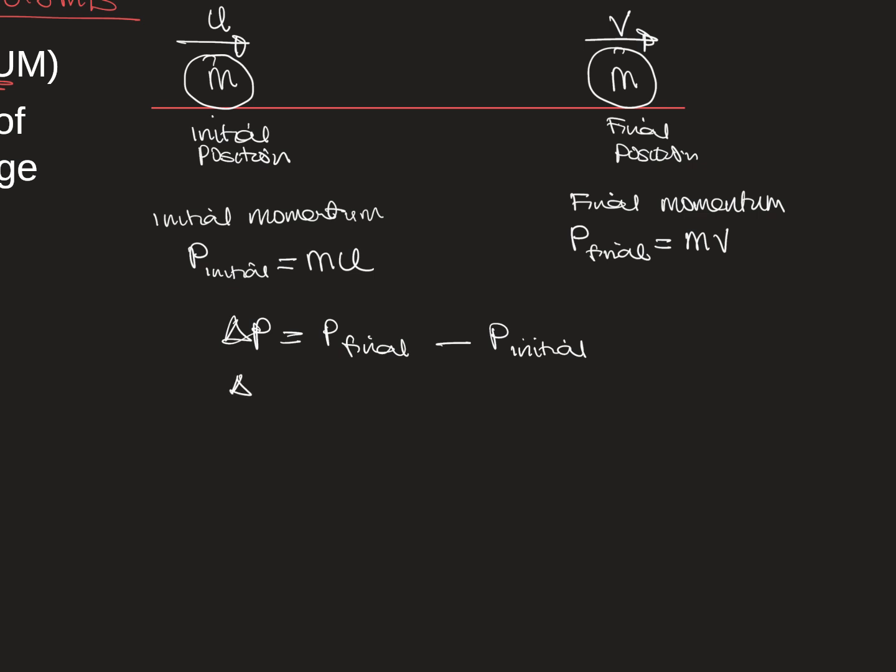So the change in momentum will be mv minus mu. So we can say change in momentum is equal to m, and if you factorize that, you'll get v minus u.